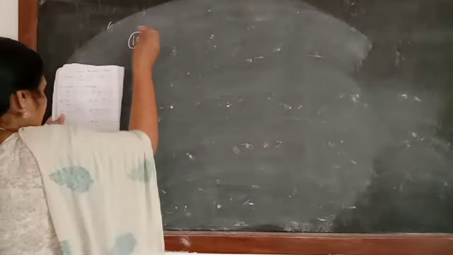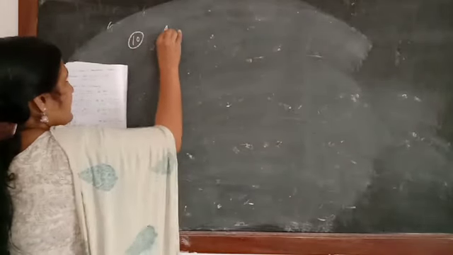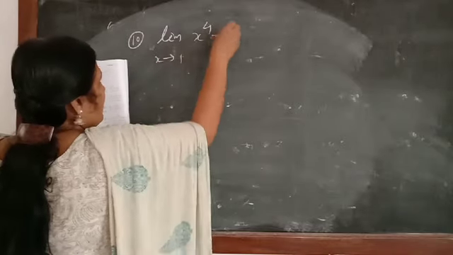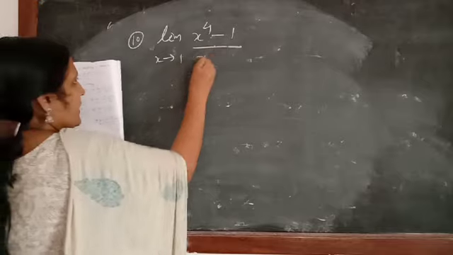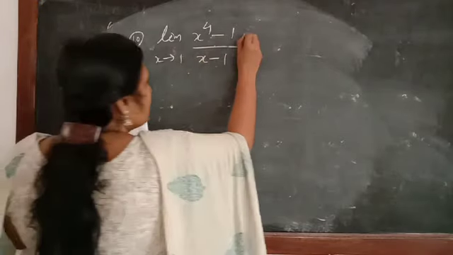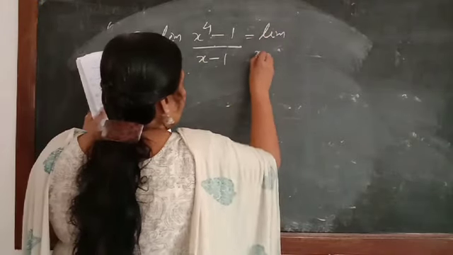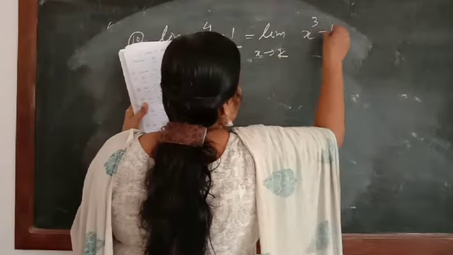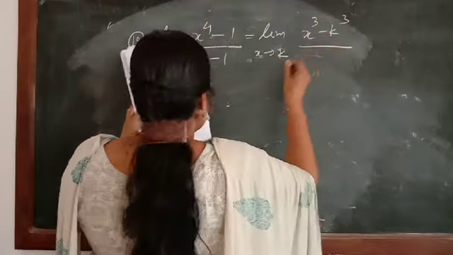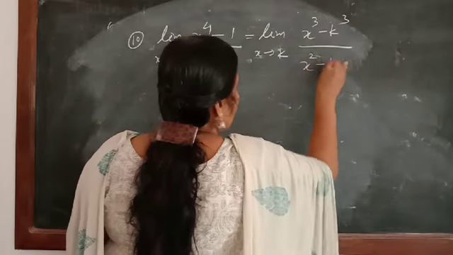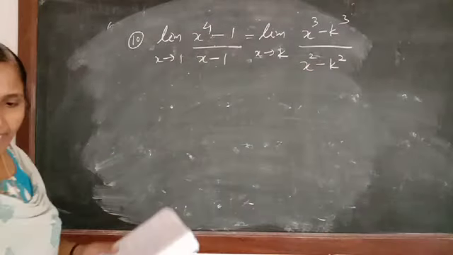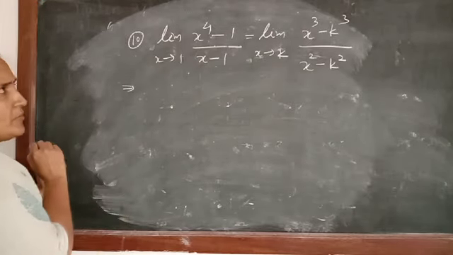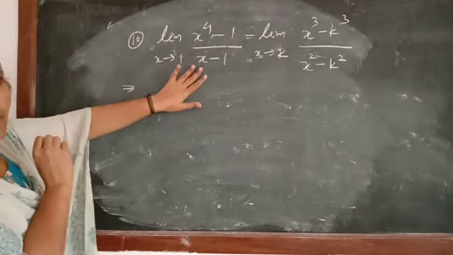The next question it is written, if limit x tends to 1, x raised to 4 minus 1 by x minus 1 is equal to limit x tends to k, x cube minus k cube by x square minus k square. Then find k. So here left hand side is okay, it is written in the general form only. Directly we can use the formula here.